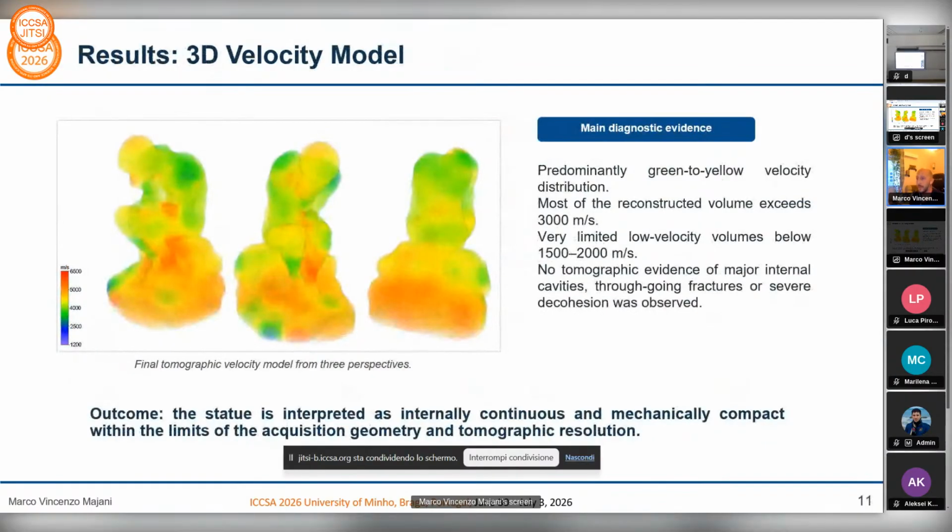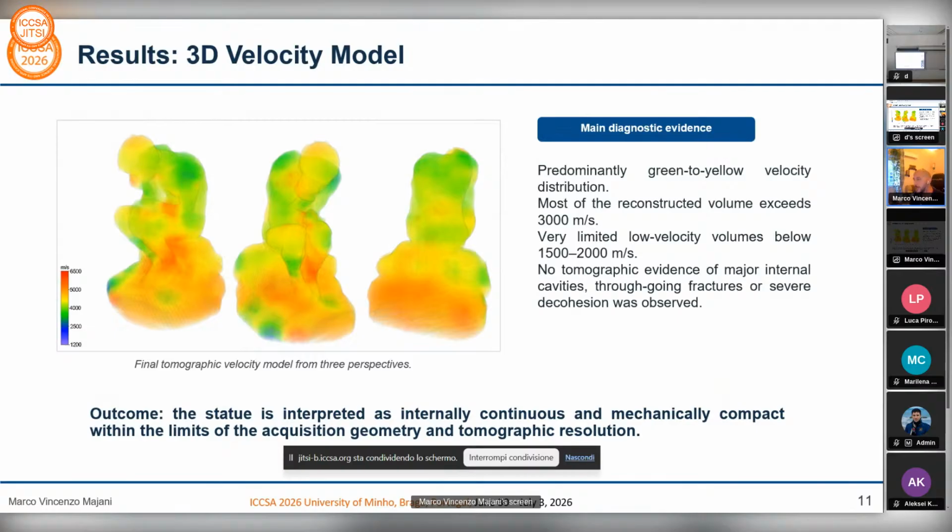Now, here we see the final tomography velocity model from two different perspectives. The color distribution is mainly green to yellow, indicating that most of the reconstructed volume has a relatively high ultrasonic velocity. Most of the statue volume exceeds 3,000 meters per second, while very limited volumes fall in the range of 1,000 to 2,000 meters per second.